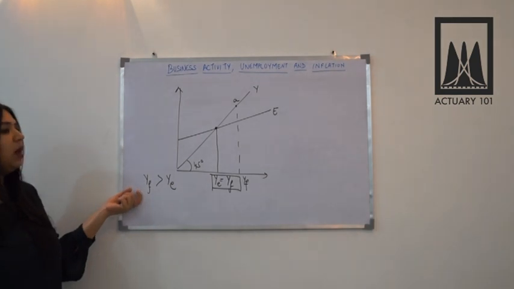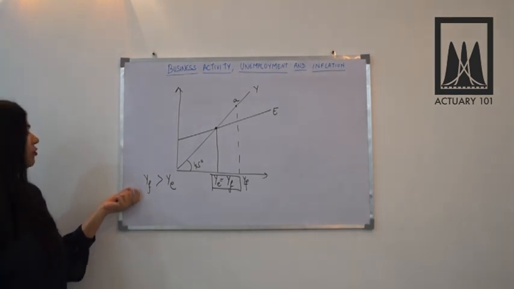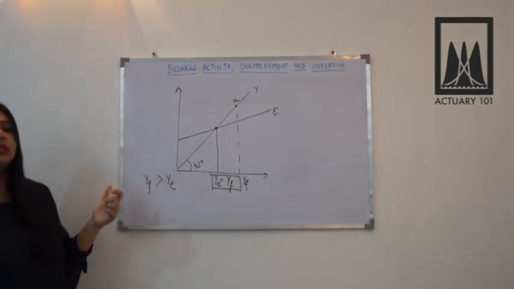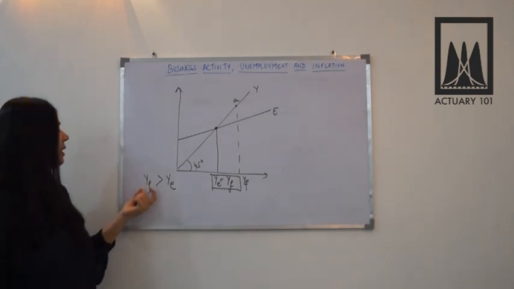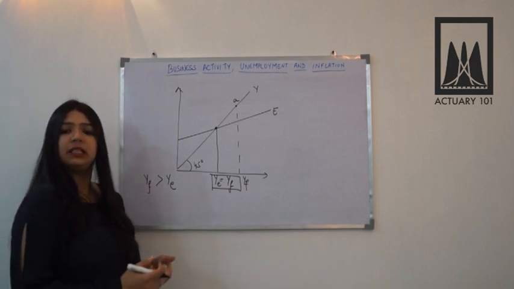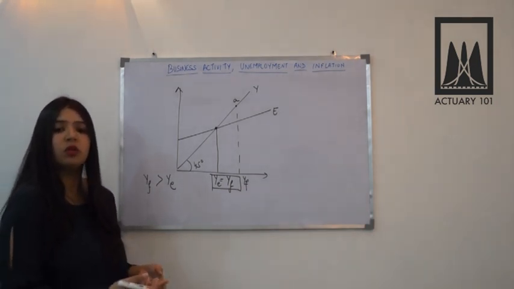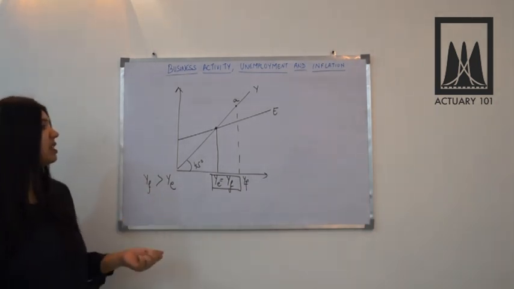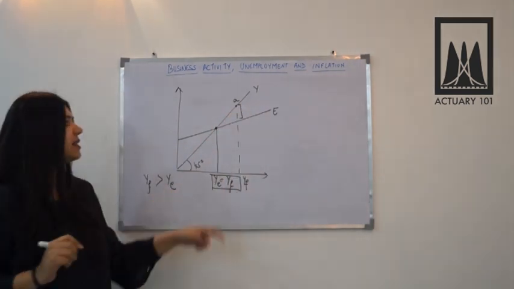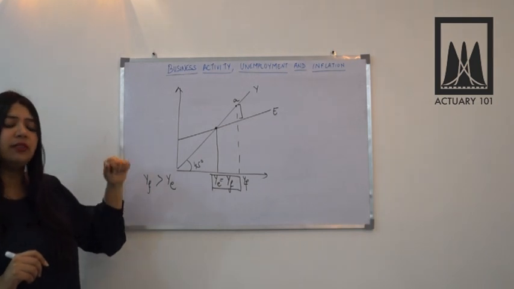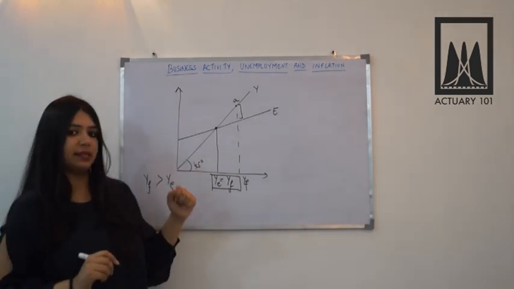That means the full employment level of GDP is greater than the equilibrium level of national income. Now what happens is that there is more capacity in the economy to be producing more goods and services than there is demand, because at this point you can see that the demand is less and the equilibrium and the full employment level is higher than this.